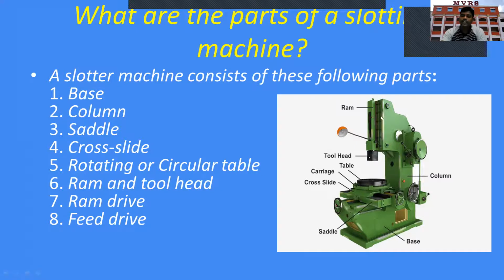Initially, if you clearly observe the difference between a shaper machine and a slotting machine, you can see here the ram. To this ram there is a tool head, and to this tool head the tool is attached. This tool is moving in this direction, up and down.